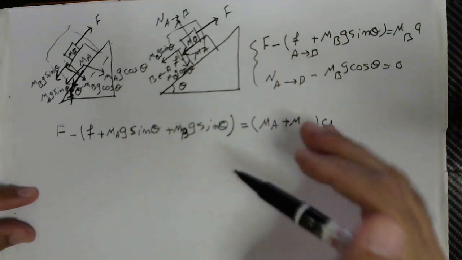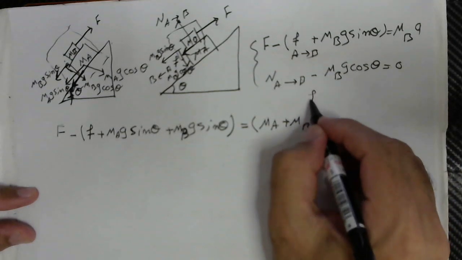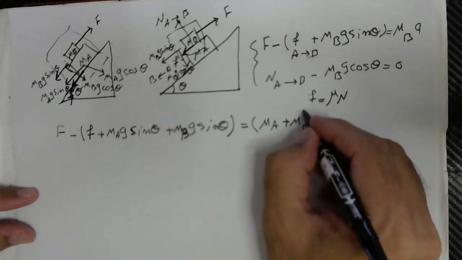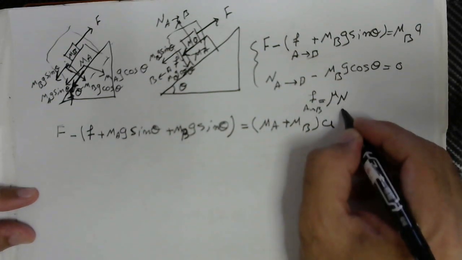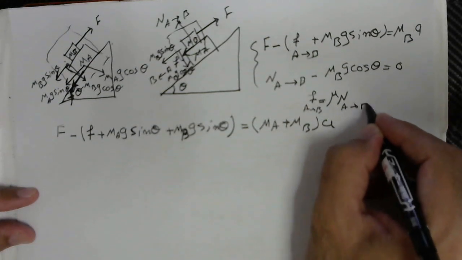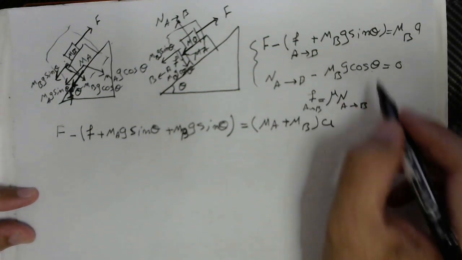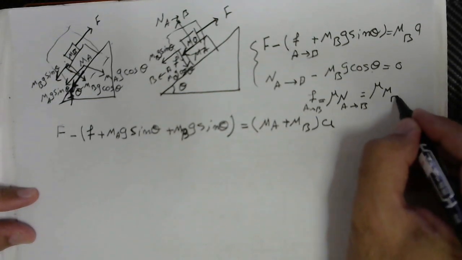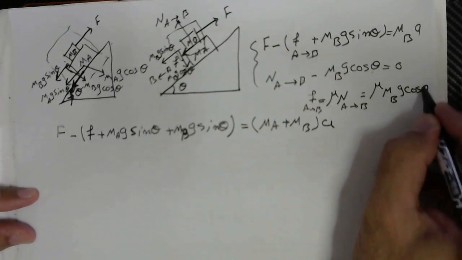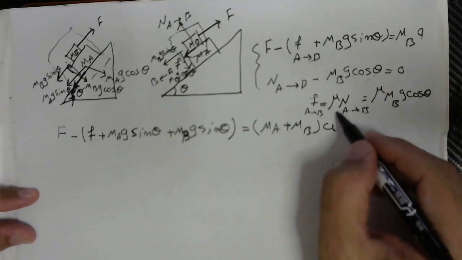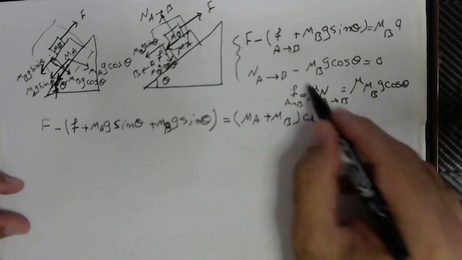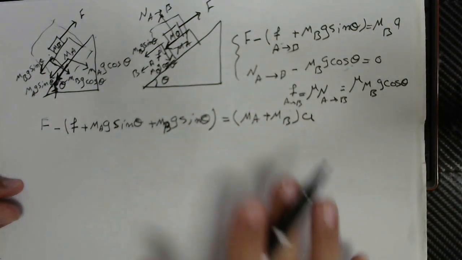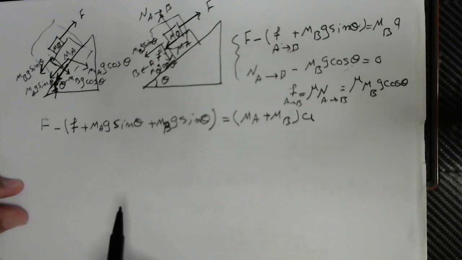Here I assume we know some of the things, like F is mu N, and therefore F A to B is mu N A to B. So since this is equal to this, you can say that it is mu MBg cosine theta. I just put this one inside the N, and I can calculate the F, and then if I put it here, you can measure, for example, F. But that becomes a bit more mathematical calculation.